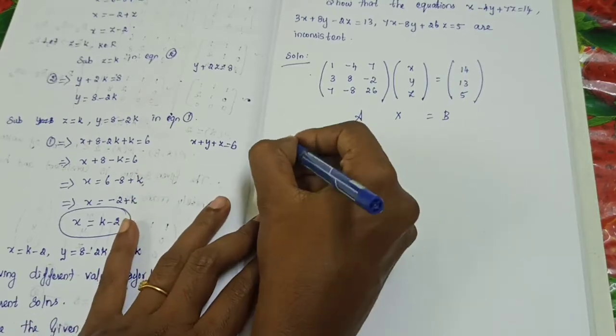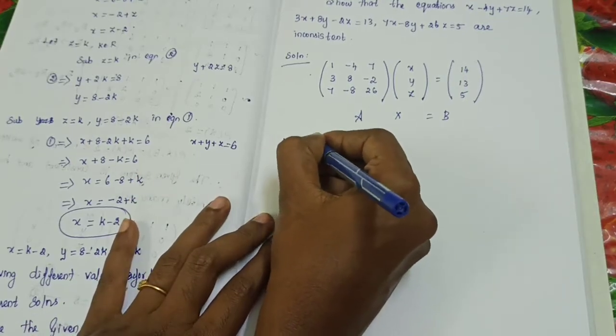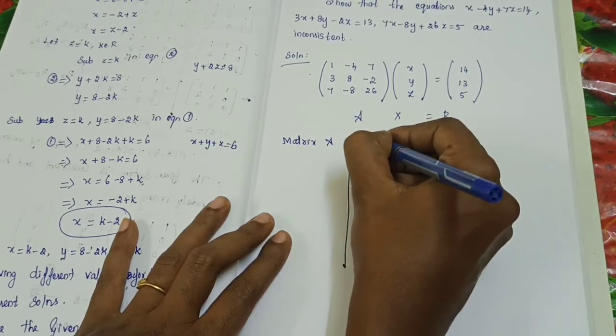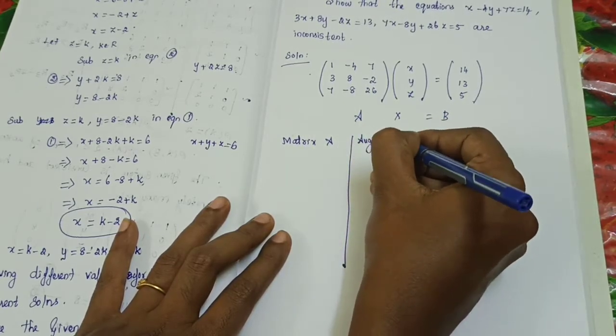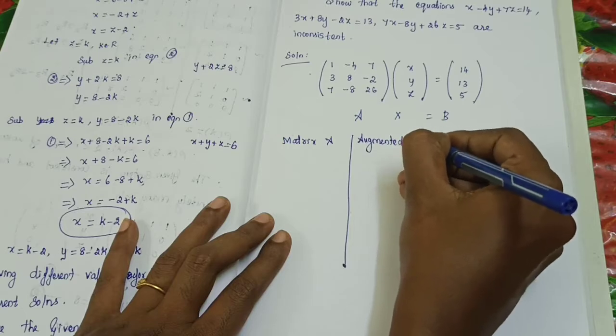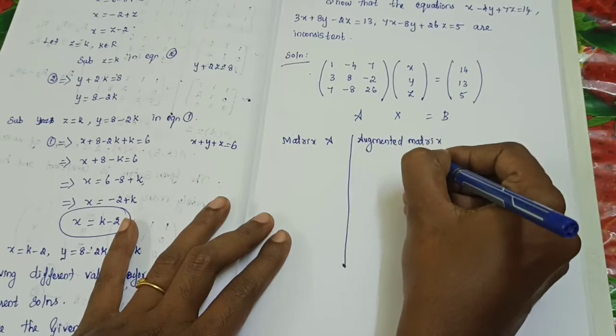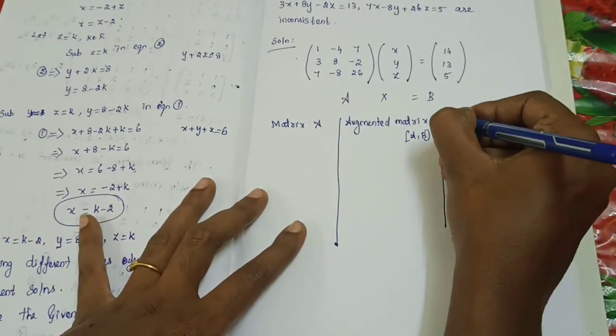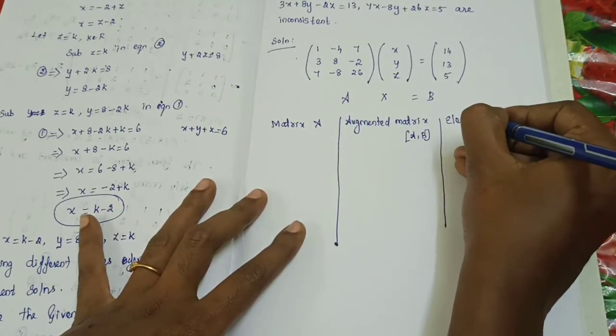Okay. Now, matrix A. Then, next one is the augmented matrix. Next one is elementary transformation.